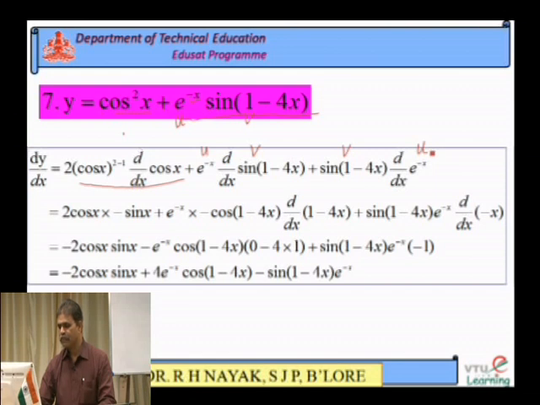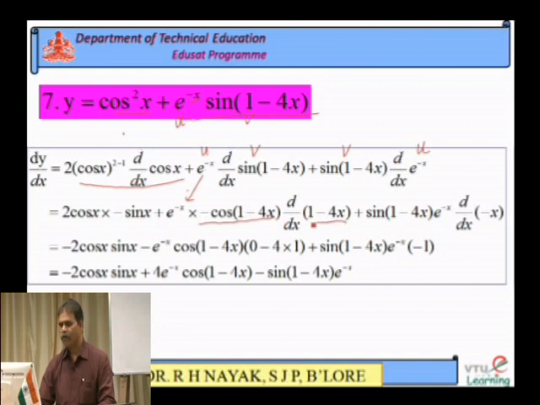Differentiation of sin of 1 minus 4x, we have to keep e power minus x as it is. Differentiation of sin of function is what? It is minus cos of function into d by dx of function.